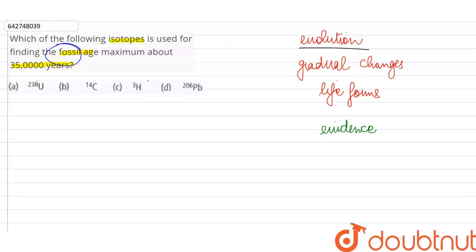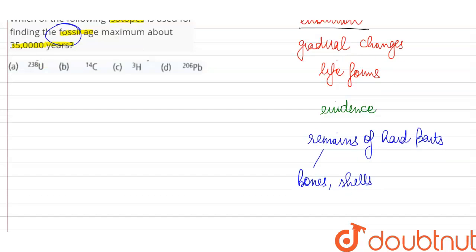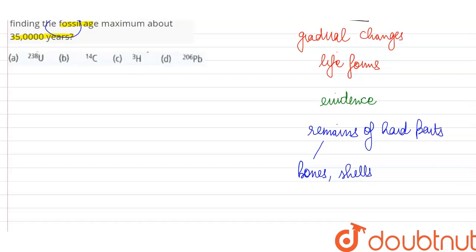fossils are one of the most important evidences for evolution, because in fossils we find the preserved remains of the hard parts of living organisms, such as the bones of animals, the calcareous shells that they have formed.